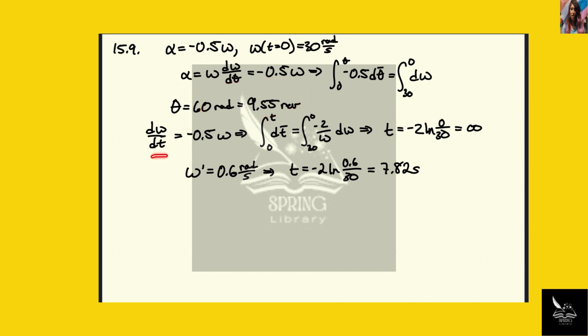But when we integrate this, we know that alpha equals d omega dt, right? This is just the angular acceleration, the time derivative of the angular velocity. So we get this equation here.